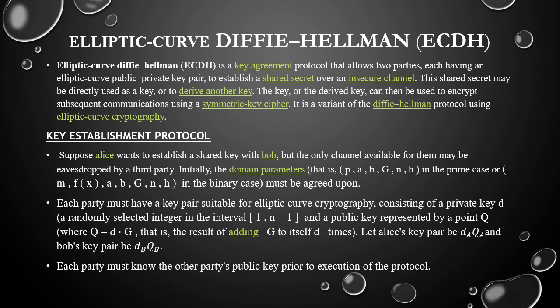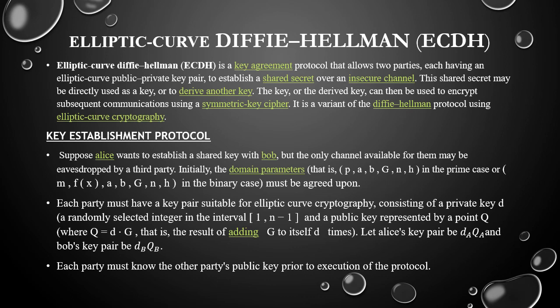Then, how is this protocol working? Suppose Alice wants to establish a shared key with Bob, and the channel available to them may be eavesdropped by a third party. They will initially take the domain parameters.